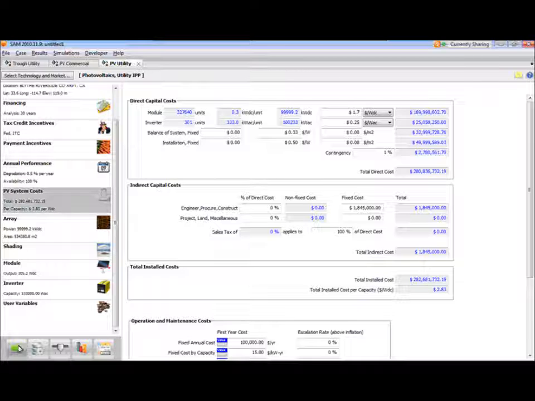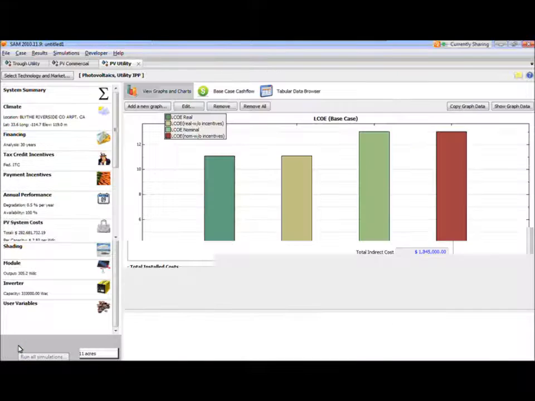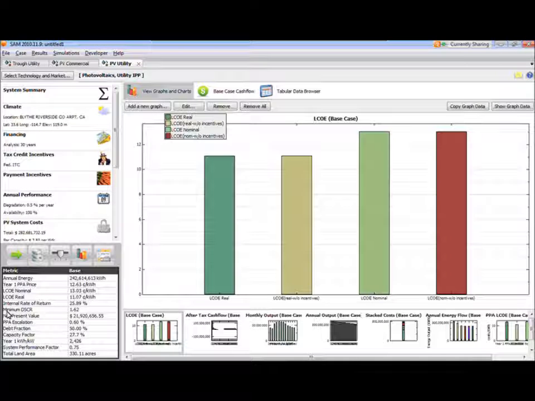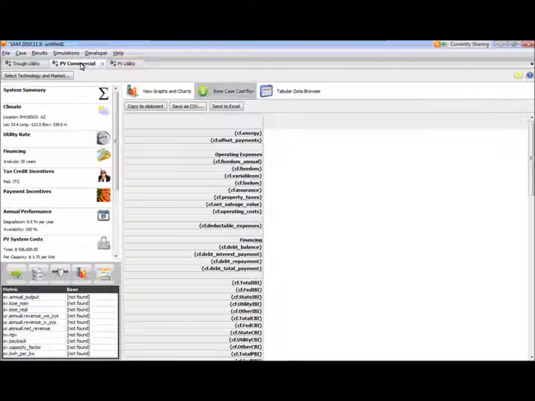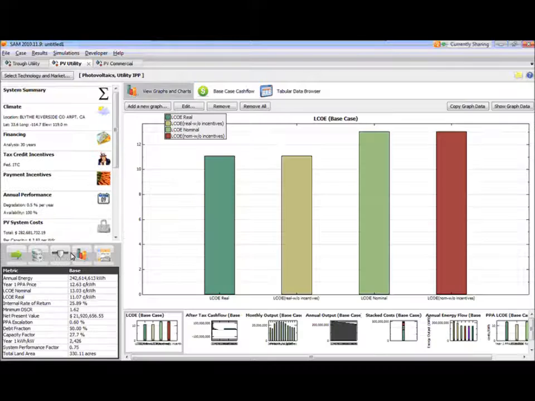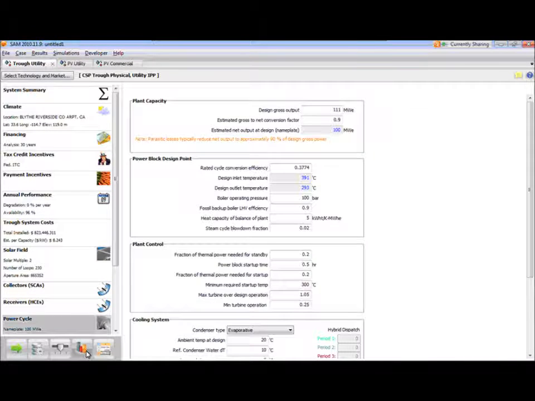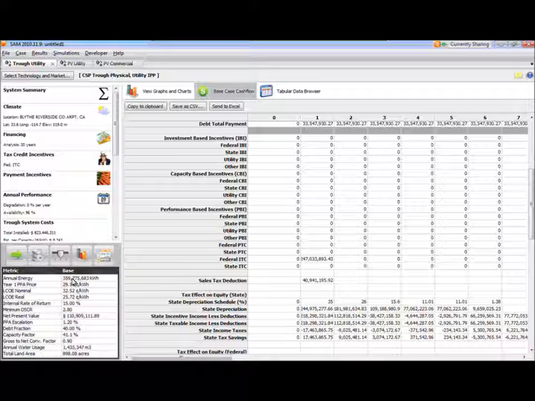So now if I run the model, I can do a quick and dirty comparison. Let me move my PV commercial case out of the way here. So I just drag the tab over to the right. And I can see that my PV system produces 242 million kilowatt hours compared to 359, 360 really, for the Trough system.